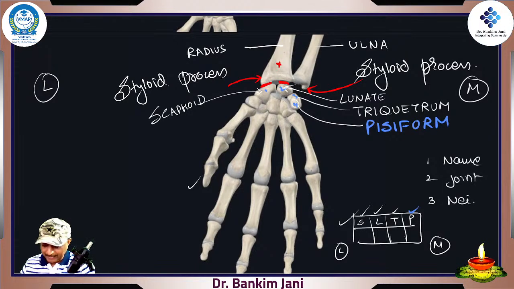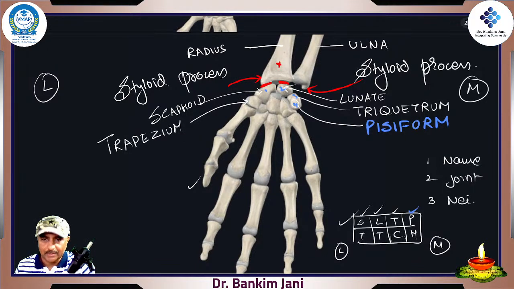Again, like a typewriter, once again go back to the beginning. Try to catch her. The first one is called the trapezium. Without any hesitation you will be able to identify trapezium because it is just next to that scaphoid. Easy. Yes, pisiform is a sesamoid bone, that's right.